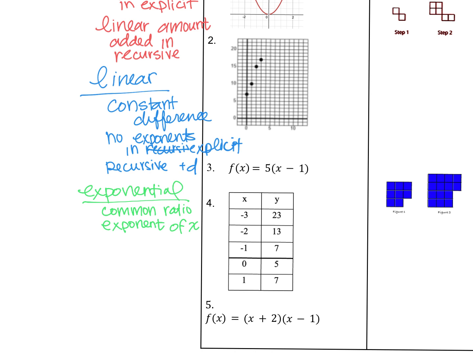This is what we were working on last chapter when we were doing the tables and doing like x thirds, x fourths. Those were all exponential because it was multiplying. The recursive has something times that r. So f of x equals f of x minus 1, and then it's multiplied by r. And it makes a ramp almost on the graph because it goes very small to very big because it's multiplying. When you multiply small numbers, they stay very small. And once you get bigger than 1, it multiplies very quickly.